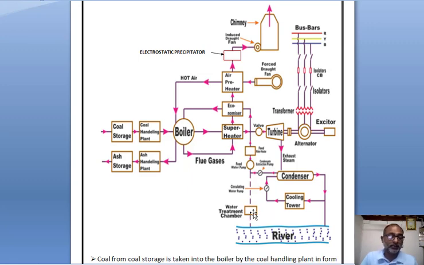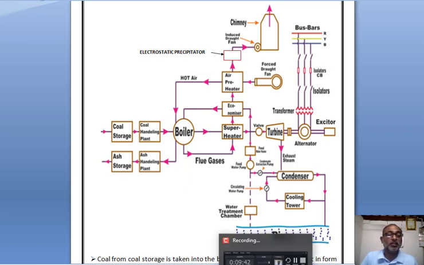Then we take the output of this water treatment plant into the boiler with the help of the boiler feed pump. This water passes through this economizer, and then it is stored in the water drum available in this boiler. So this is the line diagram of the thermal power station.